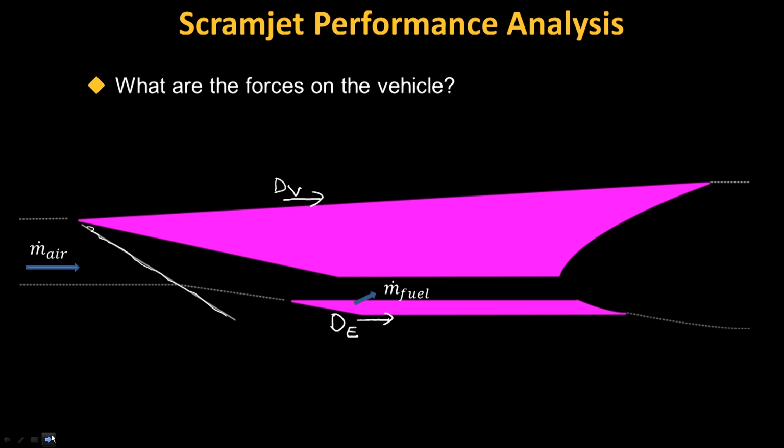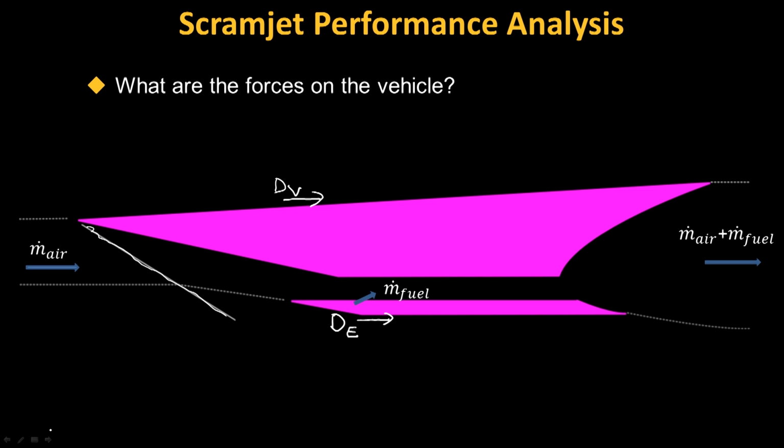In order to generate thrust, we also must inject fuel into the combustor region of our scramjet, and then the fuel and the air mix together, burn to produce combustion products, and all these products must exit our scramjet engine.